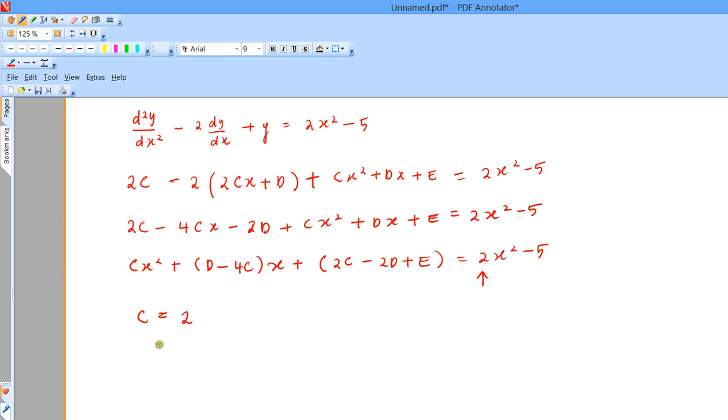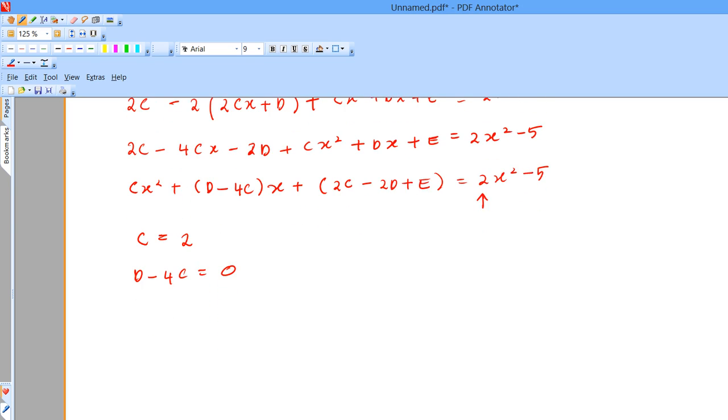And then we have the coefficient of x, d minus 4c equal to 0. And 2c minus 2d plus e equal to negative 5. So you need to solve this.